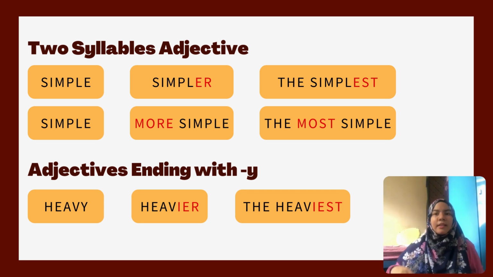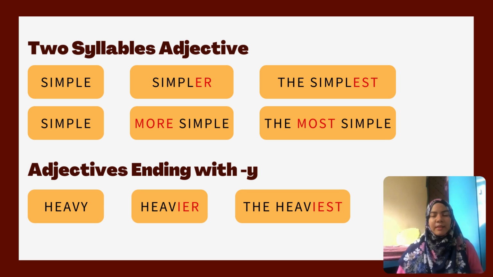But there is another rule. Two-syllable adjectives which end with consonant y nearly always form comparatives and superlatives with ier and iest. For adjectives ending in y, change the y to i before adding the ending.